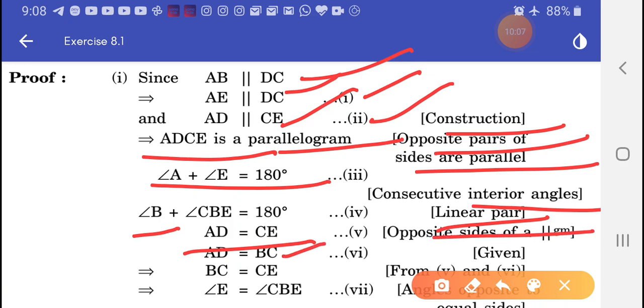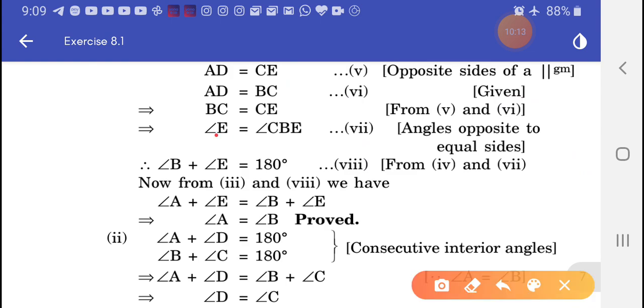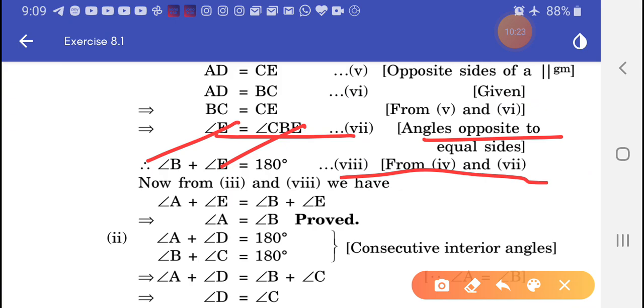Then AD equal to BC, given, BC equal to CE and angle E equal to angle CBE, angles opposite to the equal sides. Now angle B plus angle E equal to 180 from 4 and 6. We have now from 3rd and 8th, angle A plus angle E equal to angle B plus angle E. E and E cancel, angle A equal to angle B.